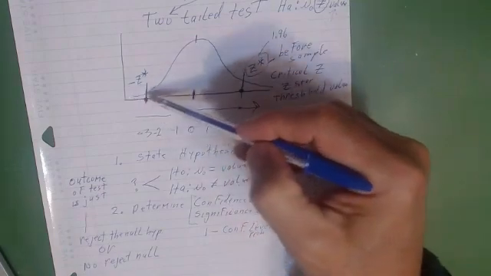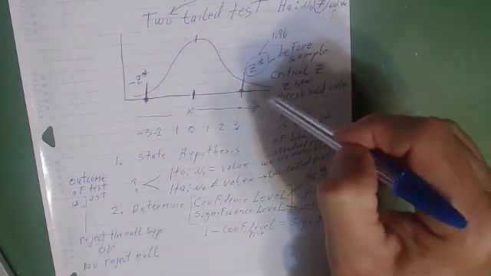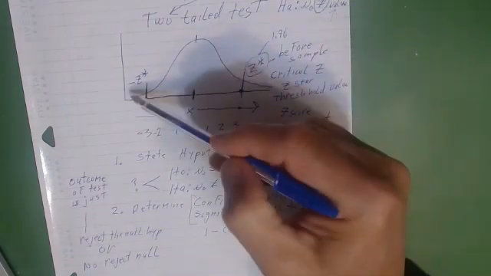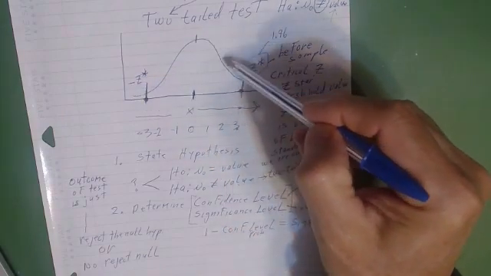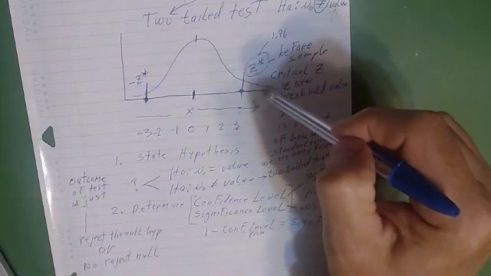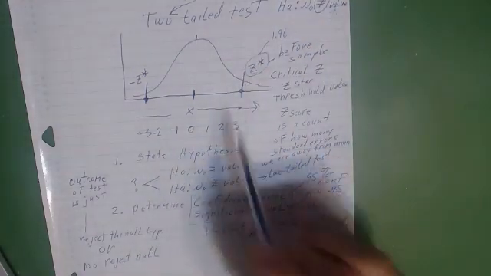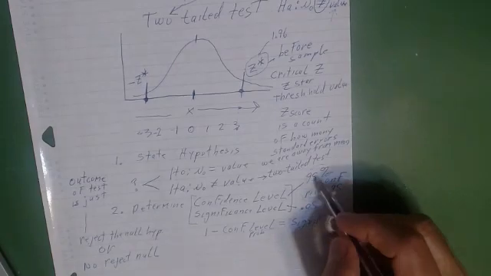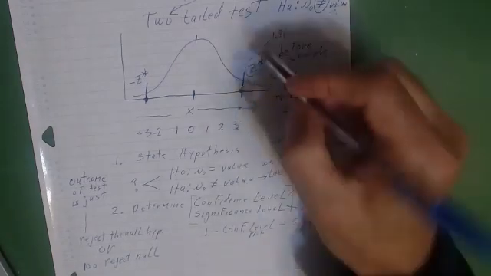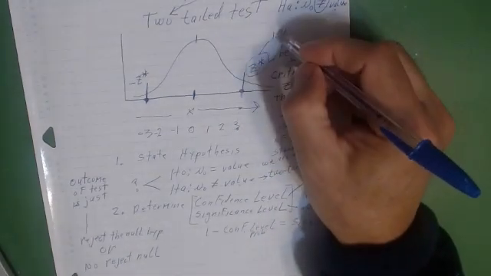For our purposes, you just draw something that looks kind of like a normal curve. But if it's a t-test, this would be a t-distribution, and it comes from your degrees of freedom. And then it's just like z, okay? So you would get your confidence level, and that would tell you what the t star value would be.